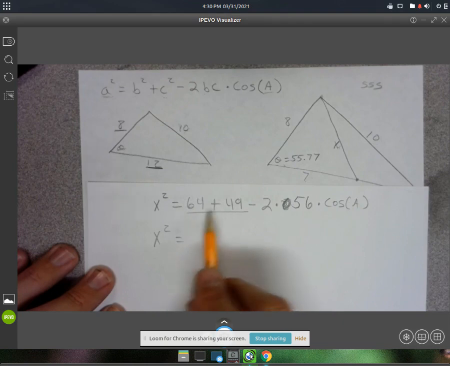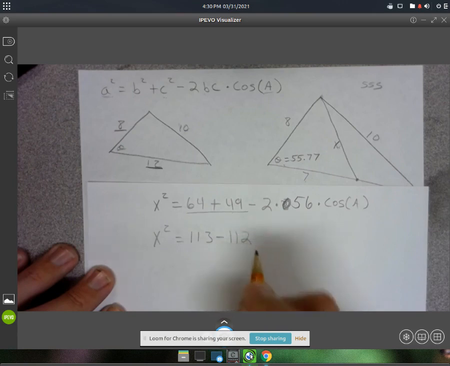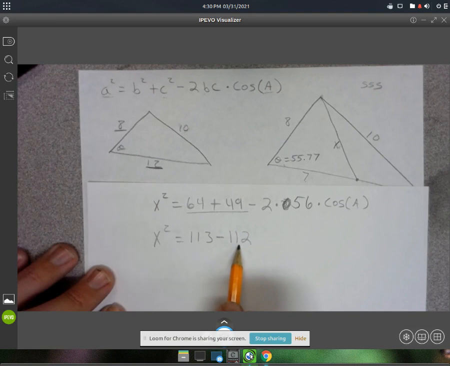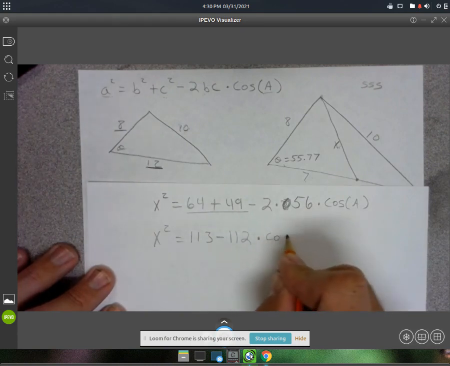It's 113 minus 112. That's weird. I wonder if that always happens. These have always been different by 1, at least in these examples I've done. I wonder if that always happens. Times the cosine of A.